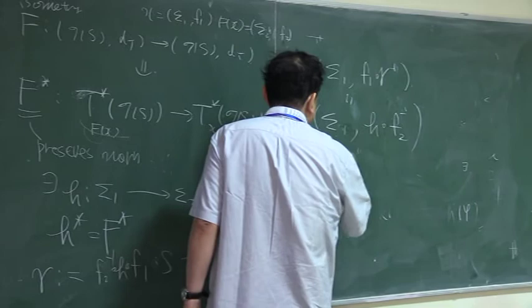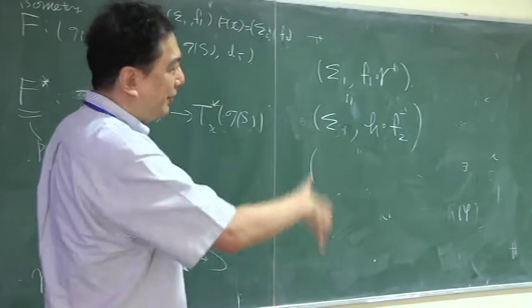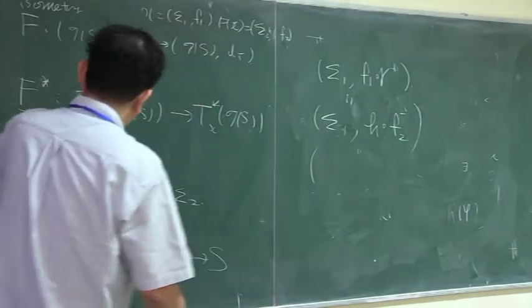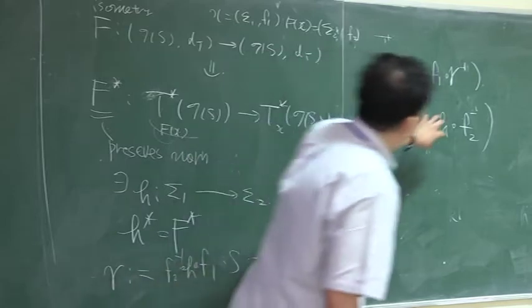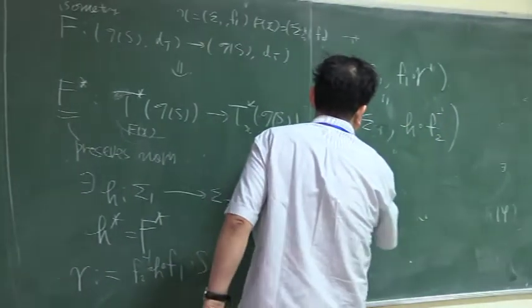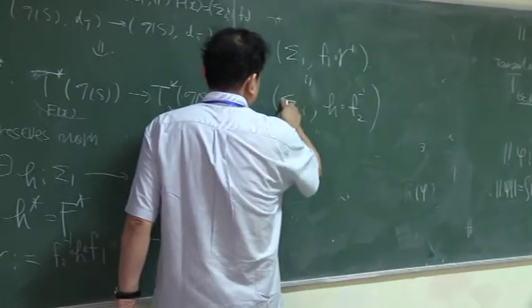So recall that sigma 1 and sigma 2 are biholomorphic, but the marking has changed so that H sends sigma 1 to sigma 2.